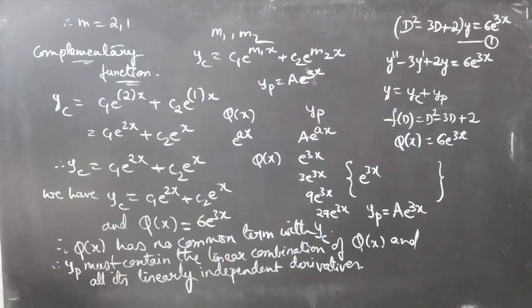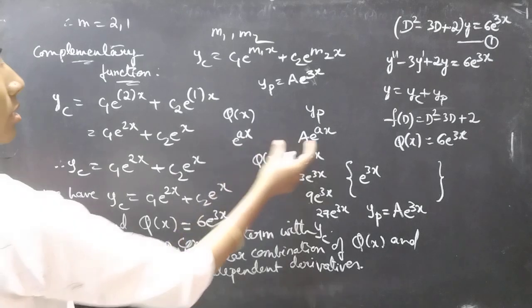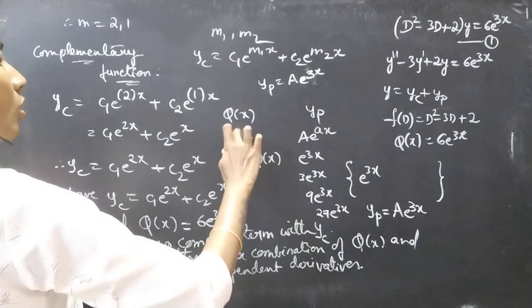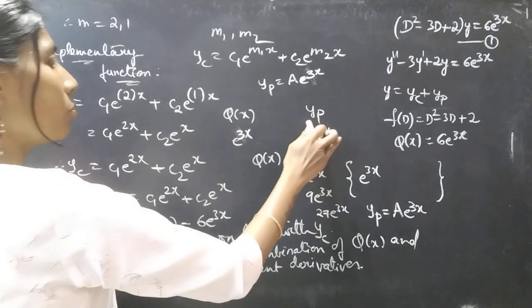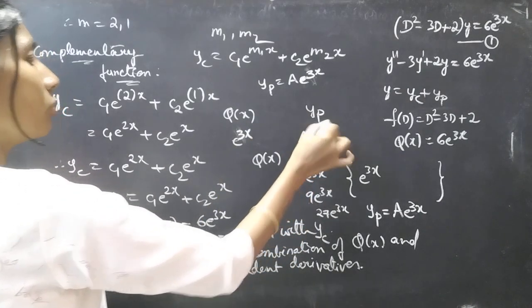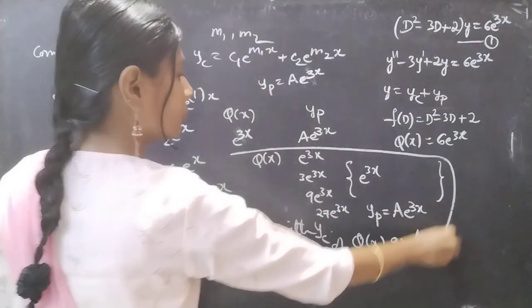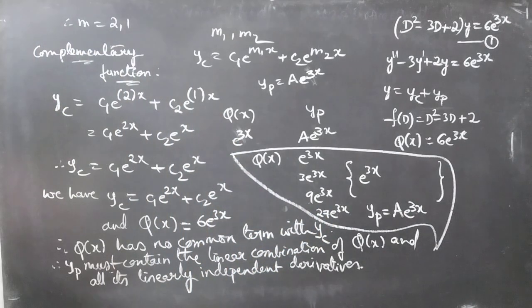This is the formula: when q of x is e power ax, then yp will be a e power ax. So when q of x is e power 3x, then yp will be a into e power 3x. This is the trial method. Okay, now we got a yp.